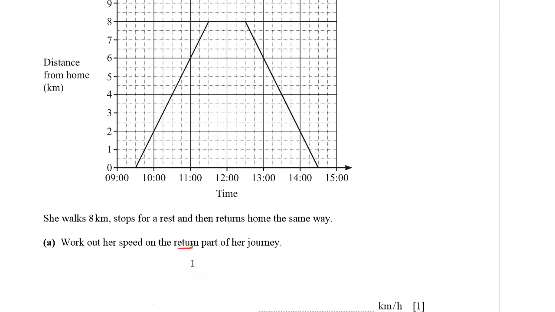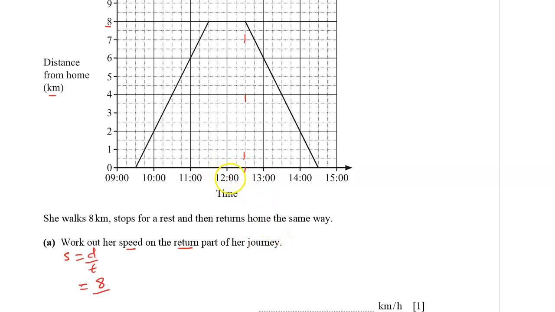We know that speed is equal to distance upon time, and to get our speed we need distance. Angelique is 8 kilometers from home, and therefore we can say 8 divided by how long Angelique took to get home. You come down here.